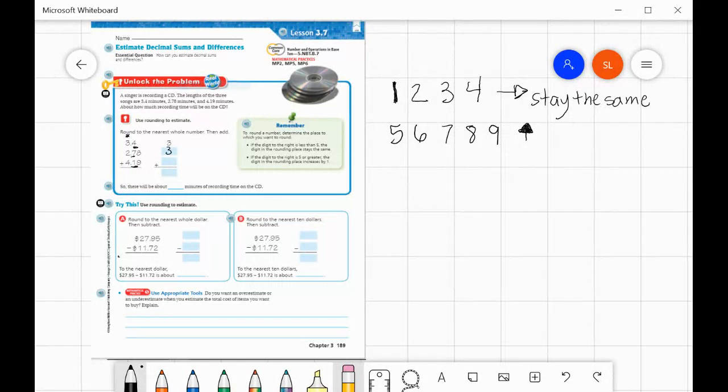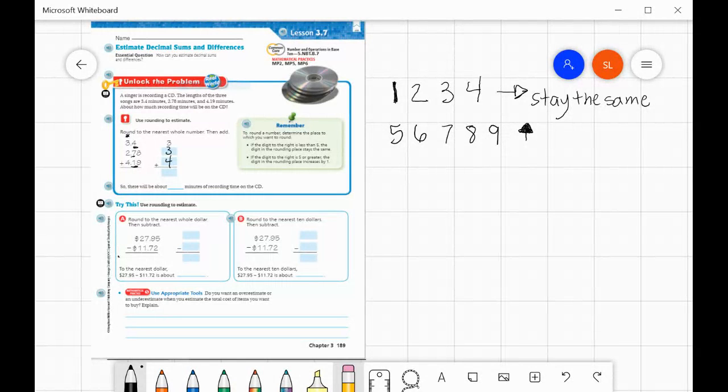So we'll write a little 3 there. And then 4.19, we look at the 1 in the tenths column, and that tells us that this number will stay the same because 1 is less than 5, and our whole number is 4.